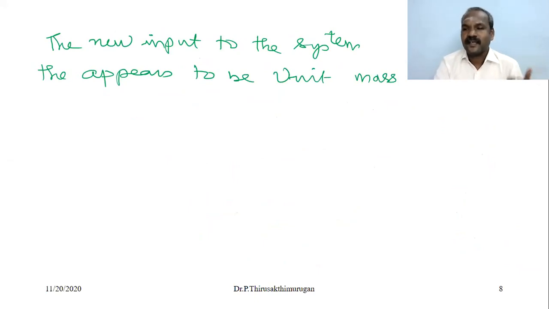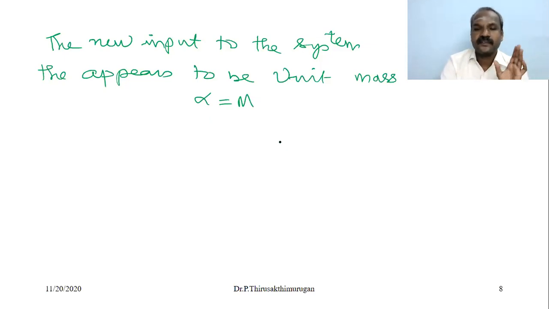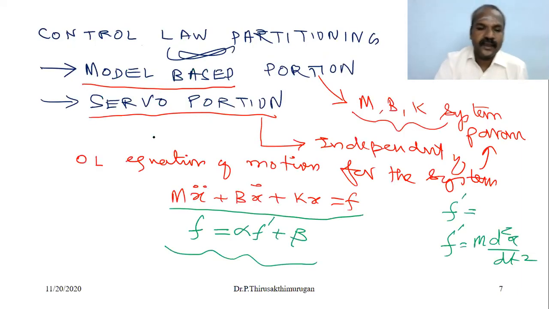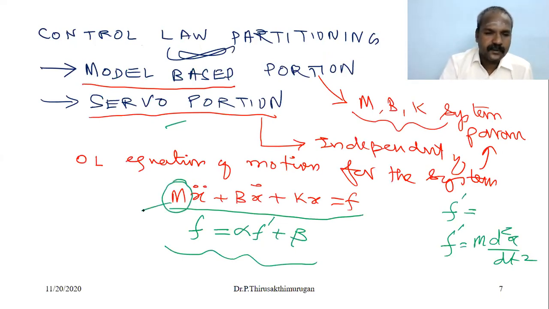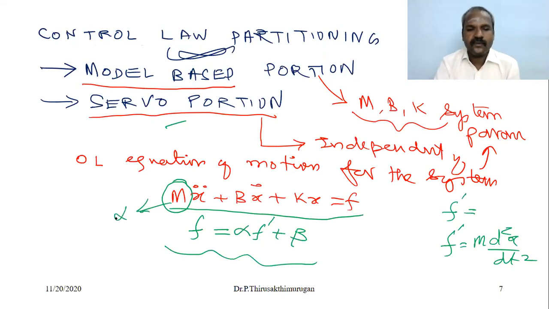Unit mass is nothing but x double dot. Here m, the unit mass, is a constant that is considered as alpha, right? So alpha equals m because of its unit mass. Now go back to this equation when alpha equals m.